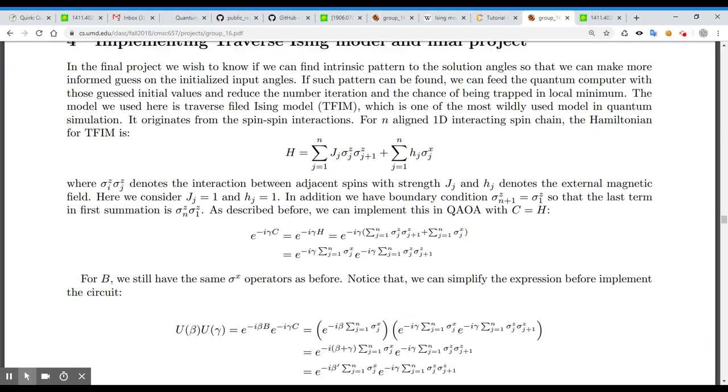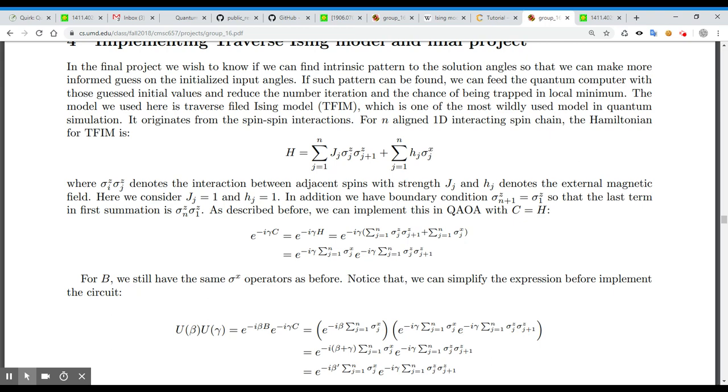We would consider J to be 1 and H to be 1 always. In addition, we have boundary conditions so that the last term in the first summation is N1. Okay. So this is even looping, just closing the loop in this case.